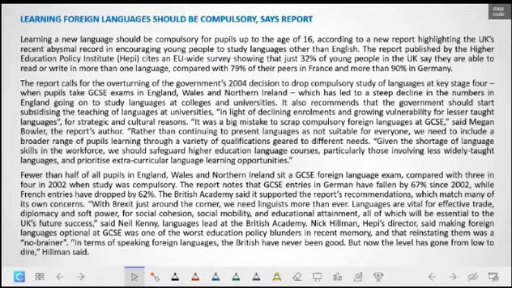For example, for number four, learning foreign languages increases social cohesion, you can just say increases in social cohesion, social mobility, and educational attainment.